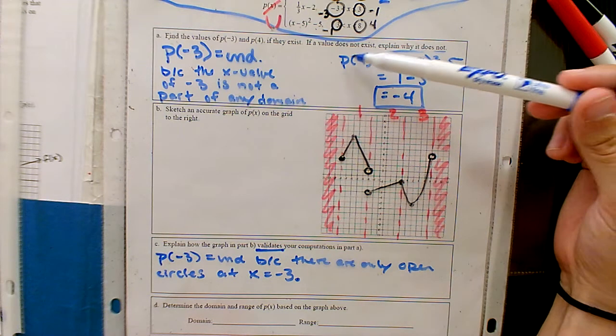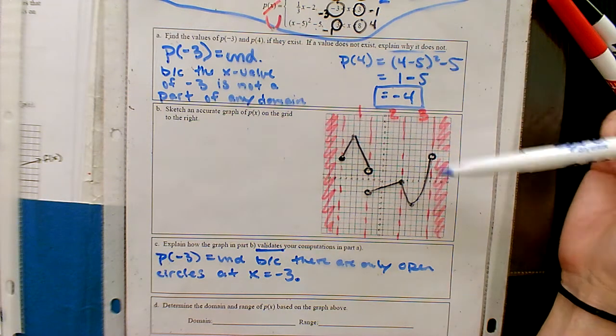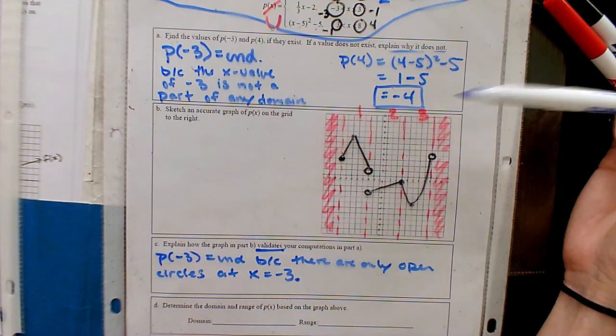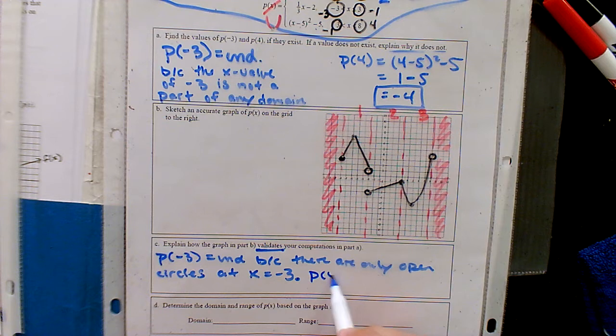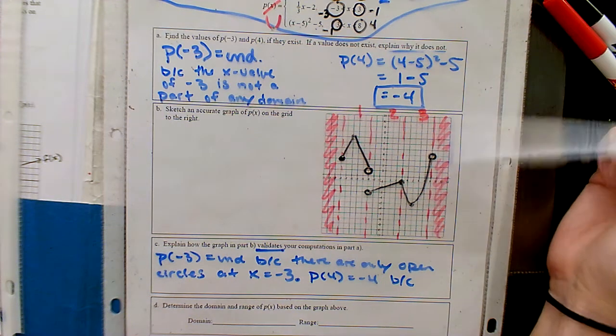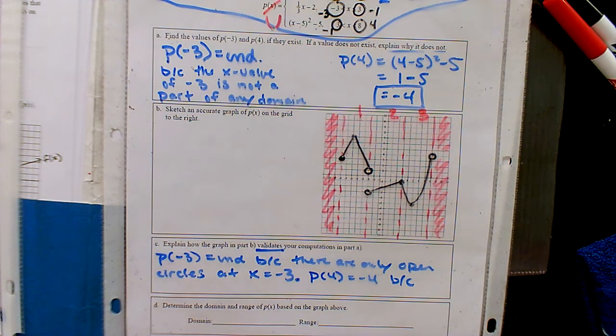What about the other one we did? P of 4. How does our graph validate this answer? P of 4 equals -4 because... How is this result showing up on our graph? What do you think, Travis?